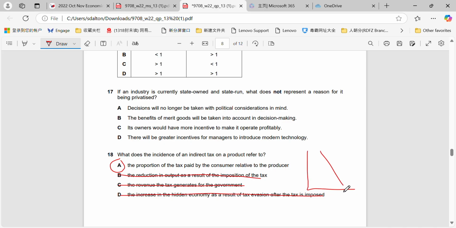Remember that when we draw, for example, if I draw it quite quickly, the indirect tax, here would be the price before, and the incidence of the tax here.